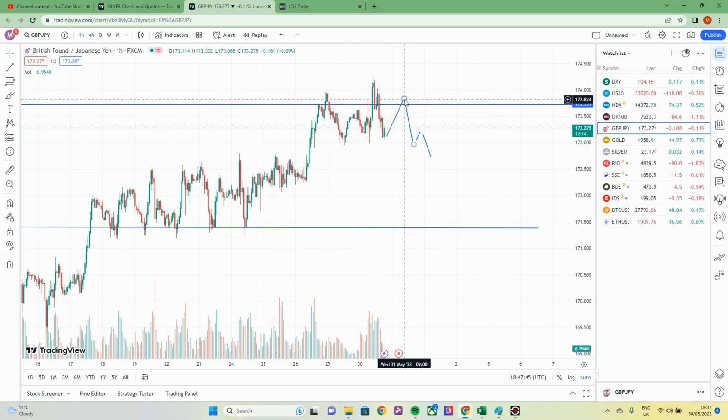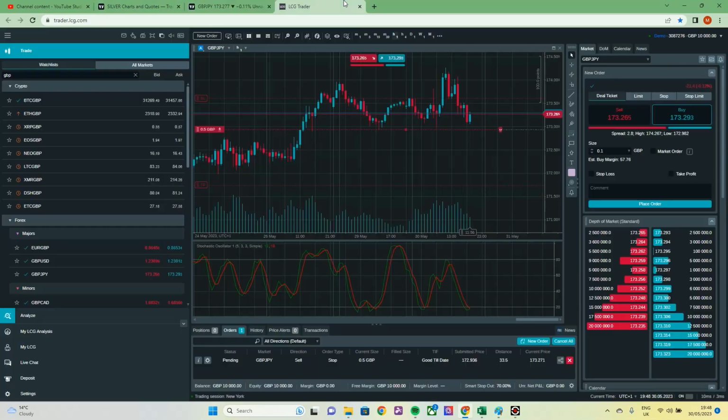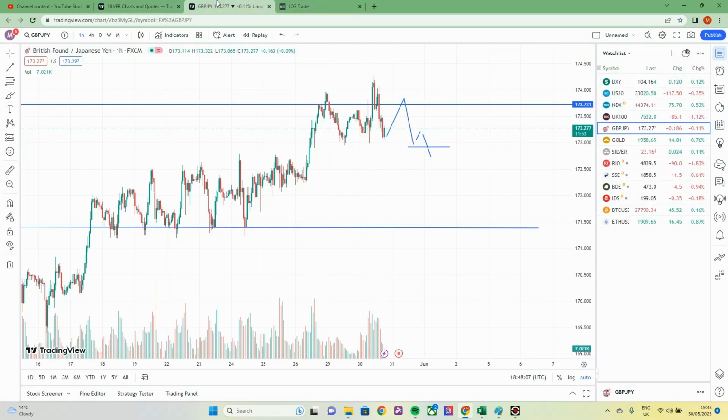We know that if it tests this and comes back down and attempts perhaps just a little bump up and then drops back down again, we can look to open a trade about here. Which is what I've done, but I couldn't wait basically. So my trade starts here, about here, as you can see.